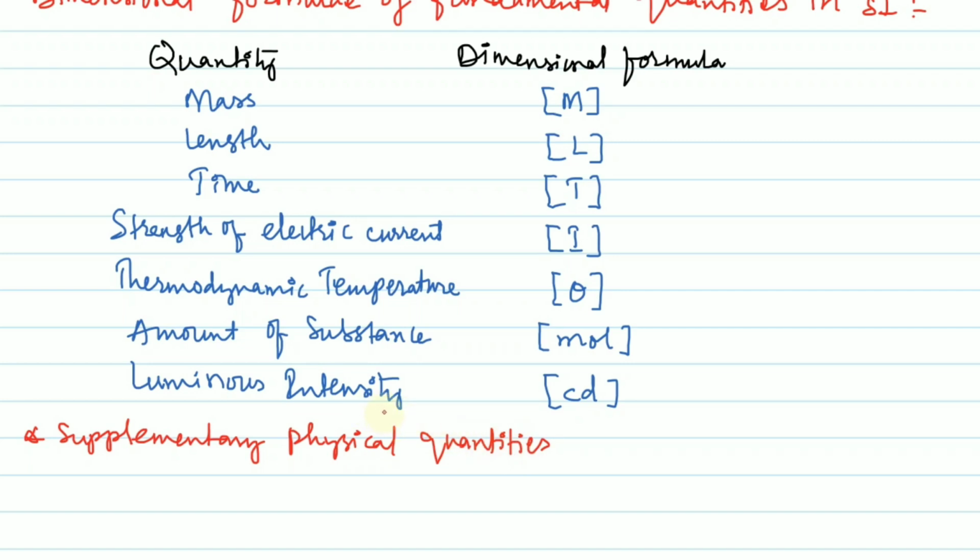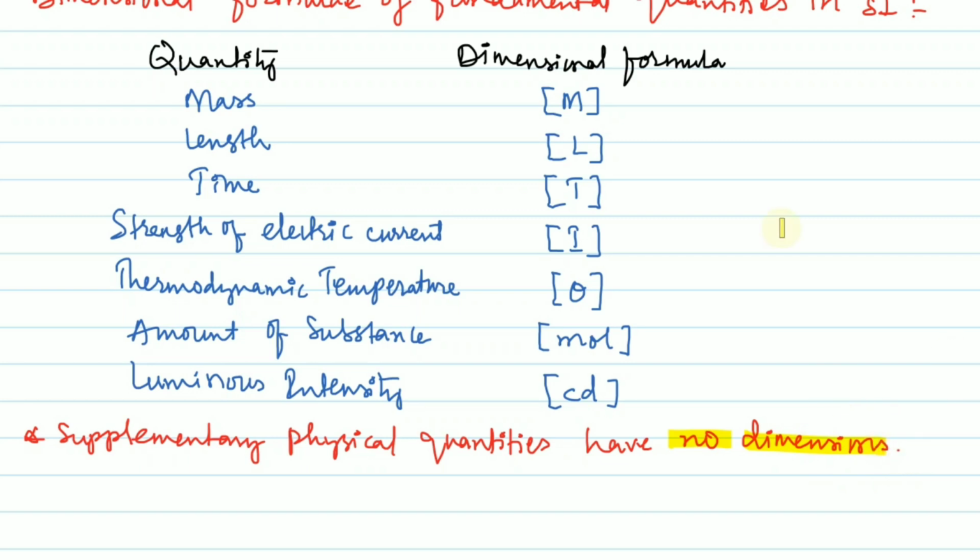One is plane angle and the second one is solid angle. These supplementary physical quantities have no dimension. Let's highlight these supplementary physical quantities that do not have dimensions, right?